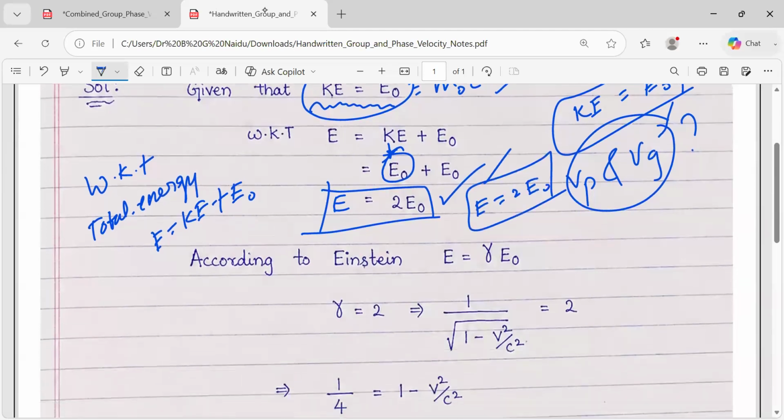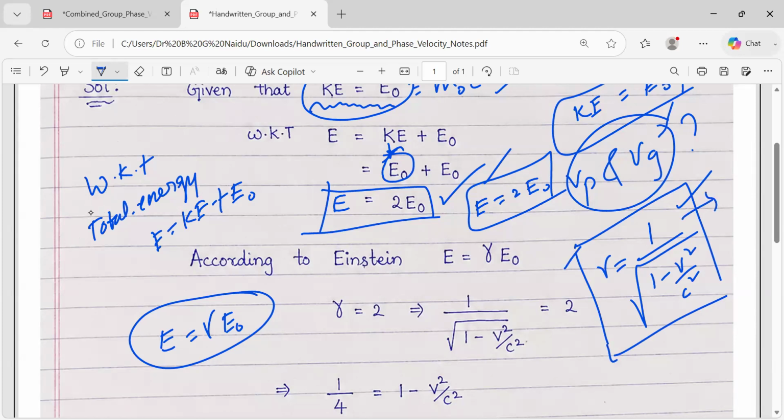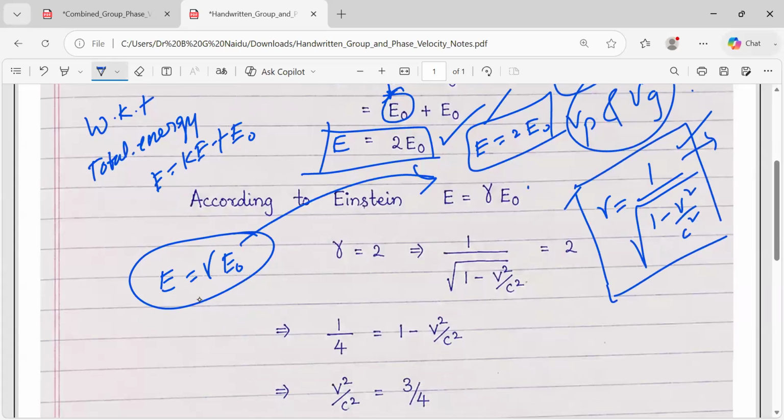According to Einstein's relativistic theory, energy can be written as gamma times the rest mass energy, where gamma is the relativistic factor, 1 by the square root of 1 minus v²/c². We will come across this factor when discussing length contraction, time dilation and addition of velocities. Here total energy equals 2 times rest mass energy, so 2 E naught equals gamma E naught.